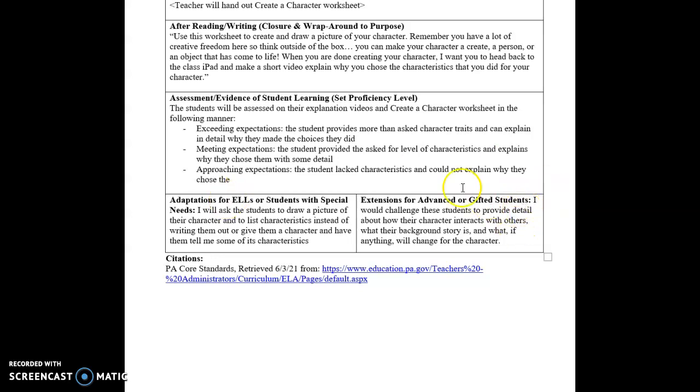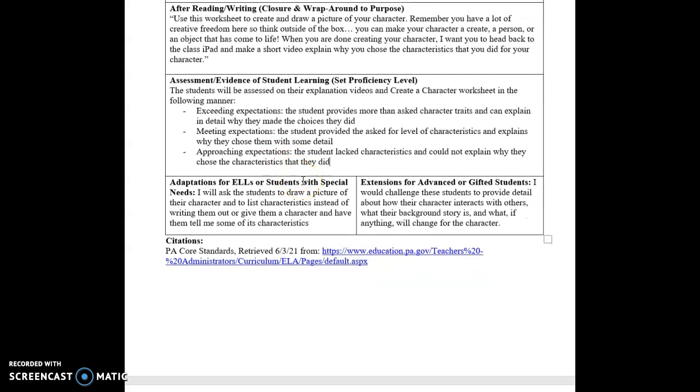And lastly, approaching expectations would be the student lacked characteristic details and they cannot explain why they chose the characteristics that they did. Sorry, I forgot to finish that sentence somehow.